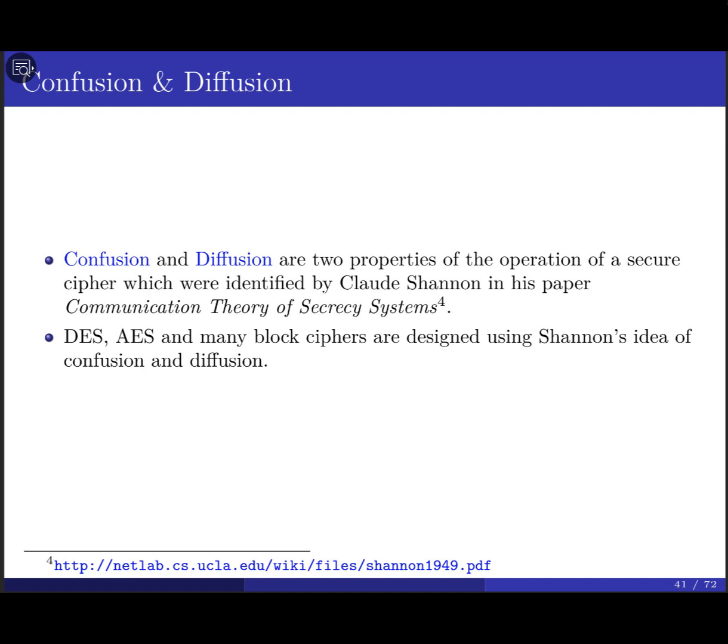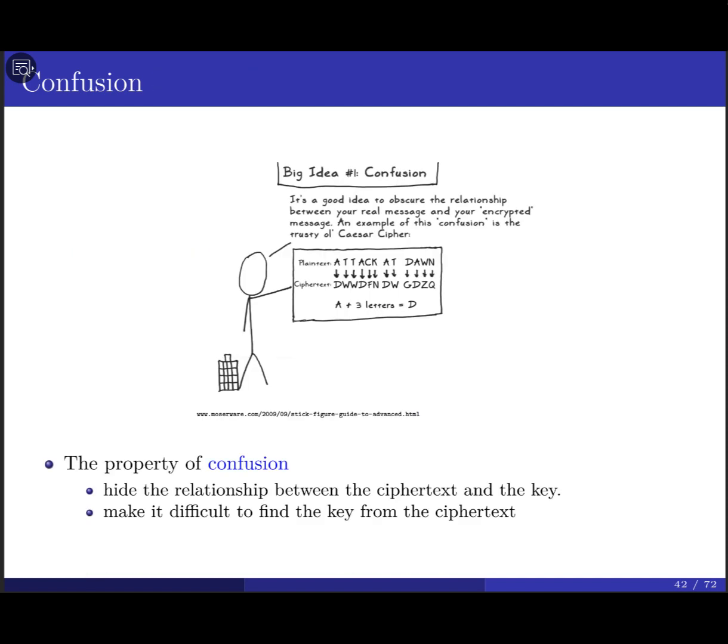So confusion and diffusion are the two properties, basic operations, that any secure cipher system must have. Okay? I know it's old, Claude Shannon, the one that wrote the paper in 1949, but still this is one of the main basics of crypto security or information security. So let's take a look. What do you mean by confusion first?